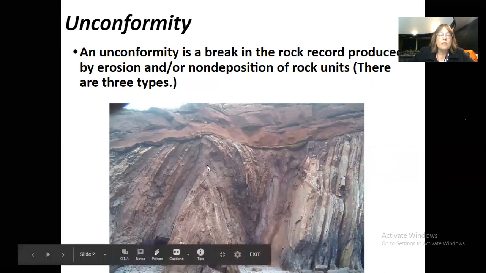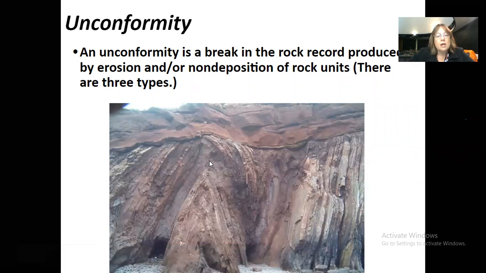Remember from the previous lesson, we talked about the principle of original horizontality, the principle that states that rock layers or sediments are deposited in essentially flat horizontal layers.